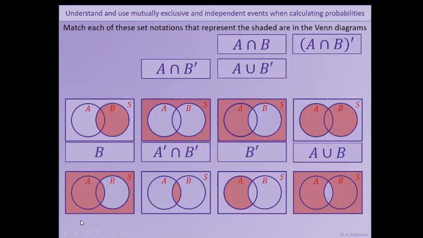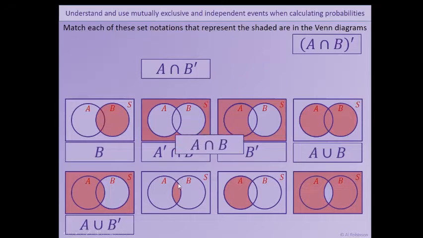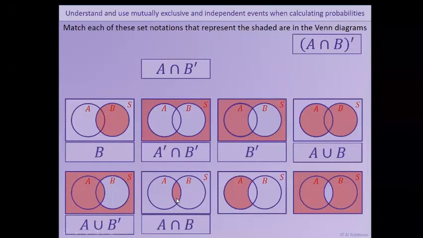Next one. A intersect B not. Okay, so A intersect. So really quickly, let me do the last three. So this is just the intersects. This one's quite nice and easy.